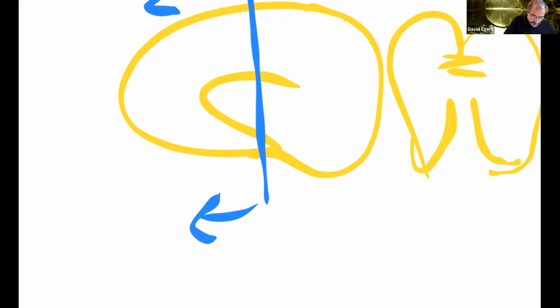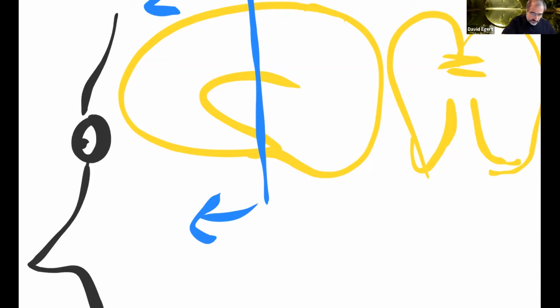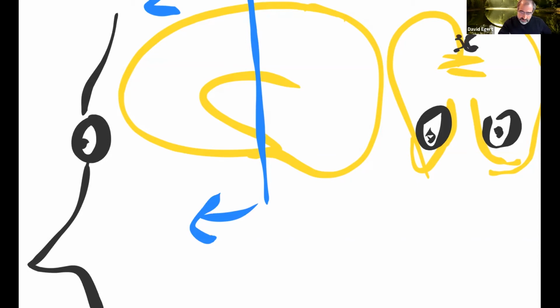If I look at the two halves of the brain, and I look at this little gyrus that is in the groove in between the two hemispheres, right above the corpus callosum. What does the corpus callosum do?